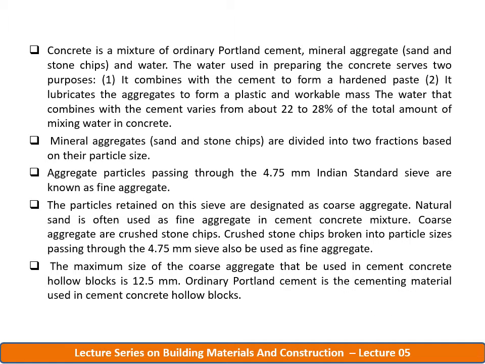So here is how the cement concrete bricks are prepared. Before going to the manufacturing process, first you have to study the raw materials used for the preparation. The main advantage of concrete blocks is their strength, and they can be engineered based on the requirement.